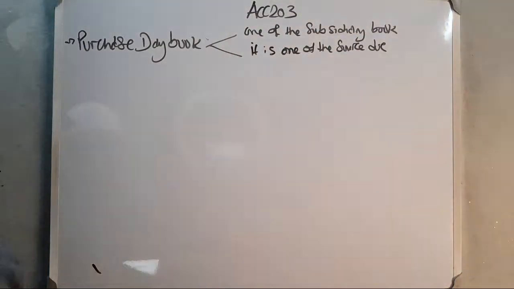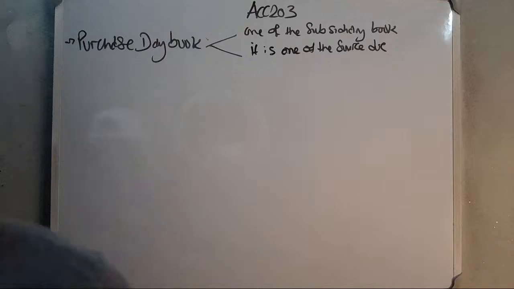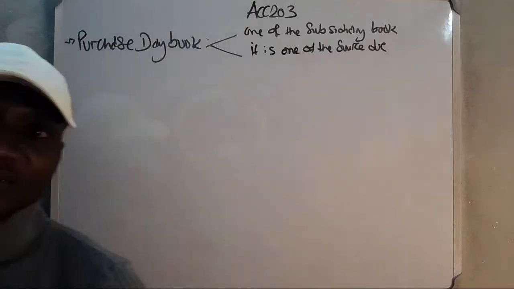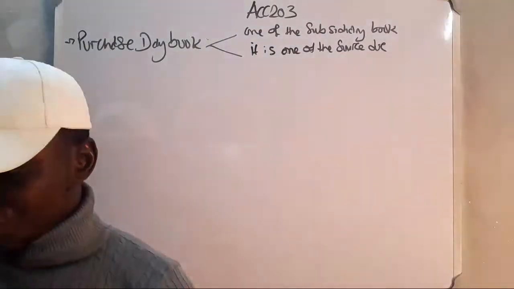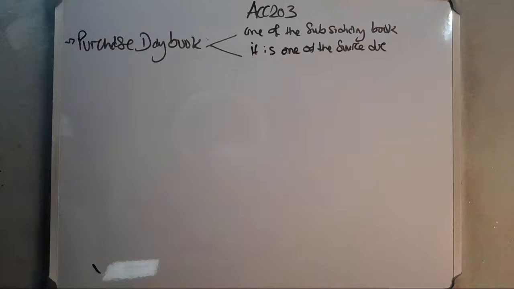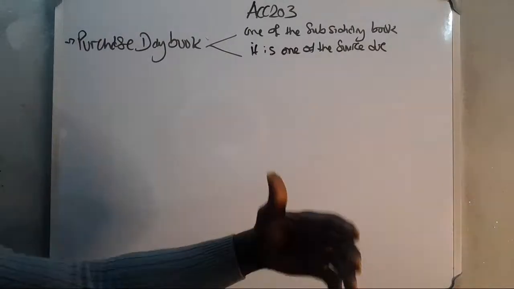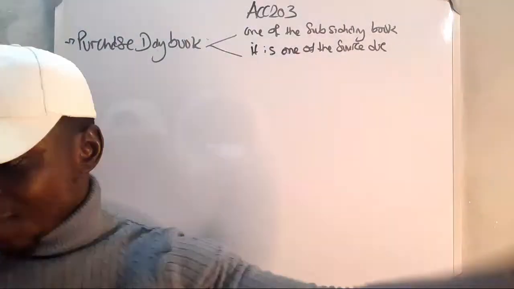Don't forget, we said we refer to the source document as a document that is exchanged between the buyer and the seller, which binds both the buyer and the seller.